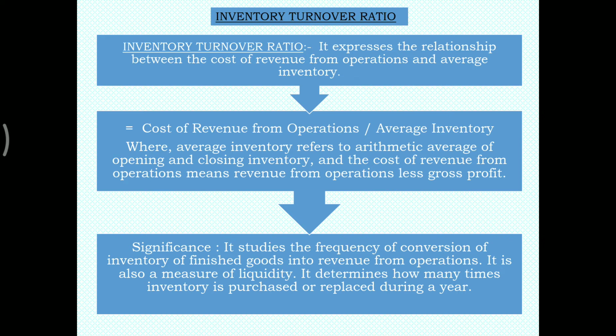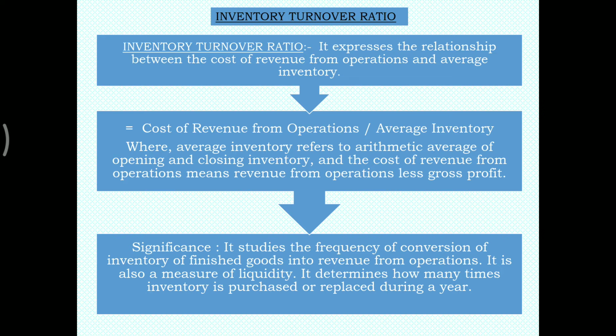Whereas average is simply opening inventory plus closing inventory divided by 2. Then you can find out average inventory. In this whole topic, average will be calculated in the same manner, although the components will change.